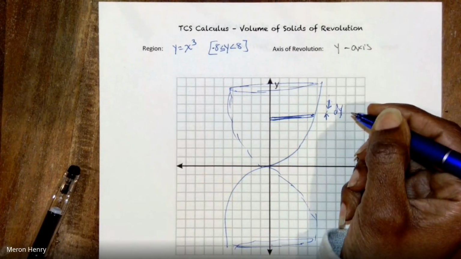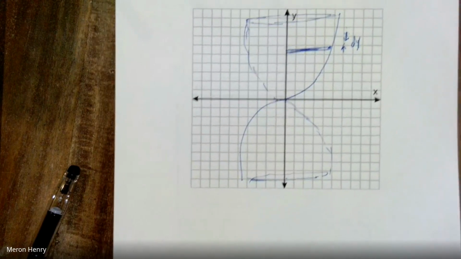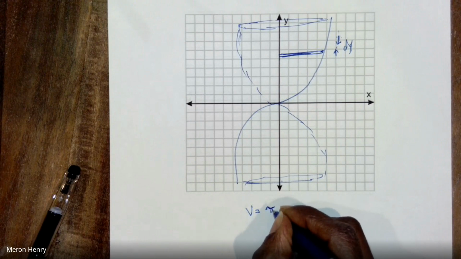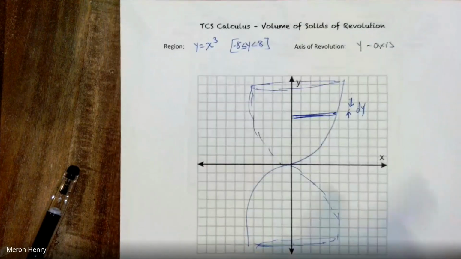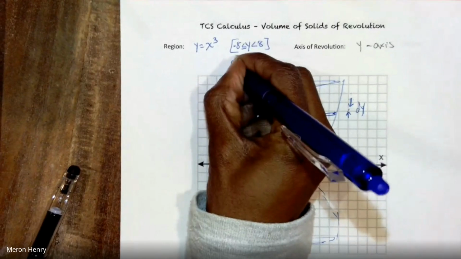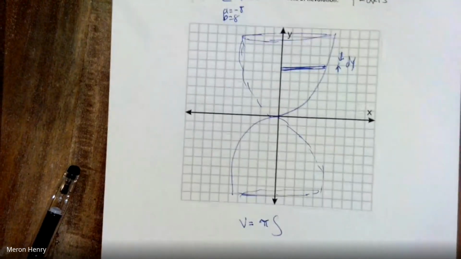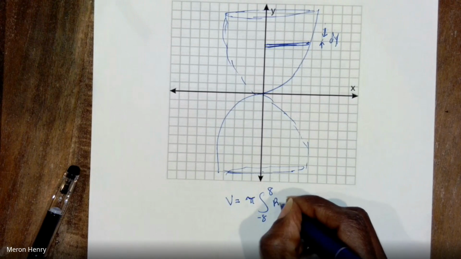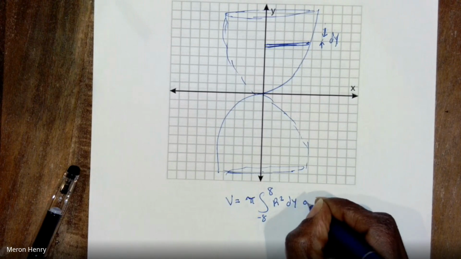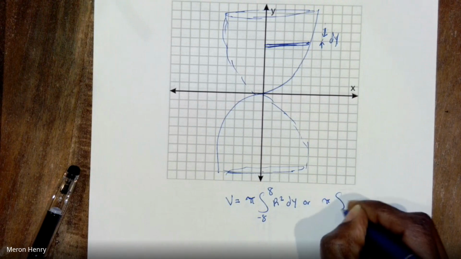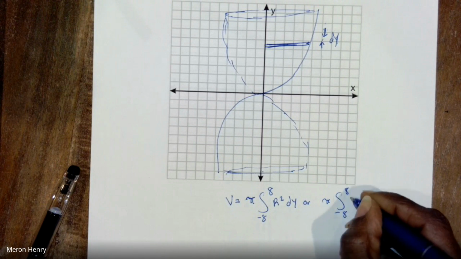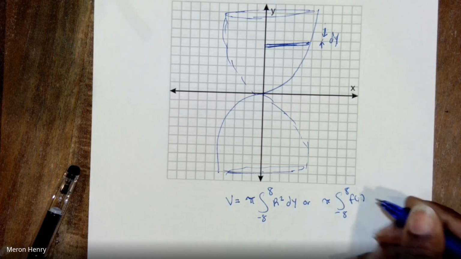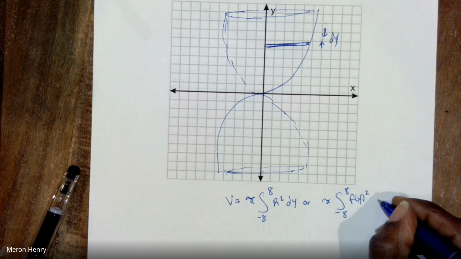Okay. All right. So we know using the disk method, our volume is going to be pi times, and our a value here is -8 and b is 8. So it's going to be the integral from -8 to 8 of r squared dy, or pi times the integral from -8 to 8 of f of y squared dy.